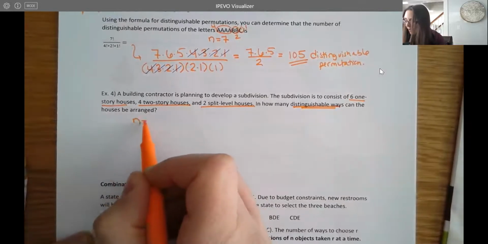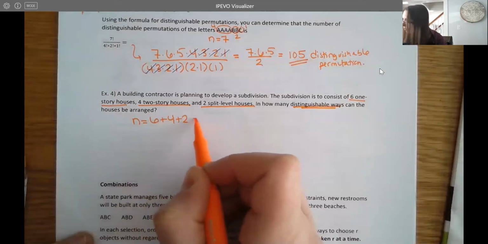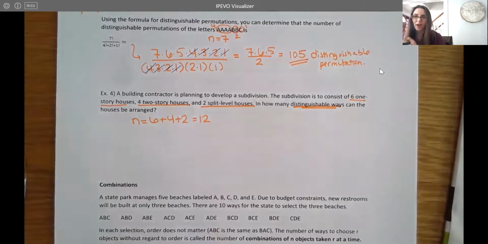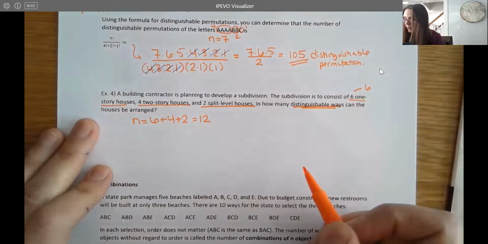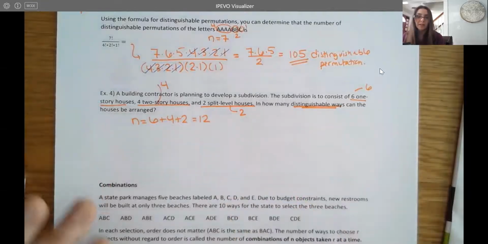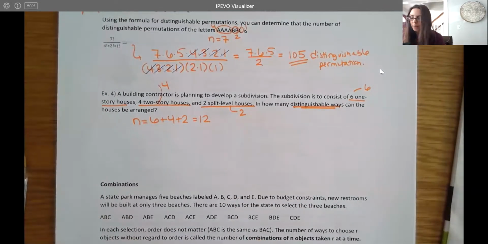Well, altogether, I have 6 plus 4 plus 2 equals 12 different items, right? So I have 12 items, but they're not really all distinct, right? So I have 6 one-story houses, I have 4 two-story houses, and I have 2 split levels. So even though I have 12 items, I have a lot of repeats of the same style.